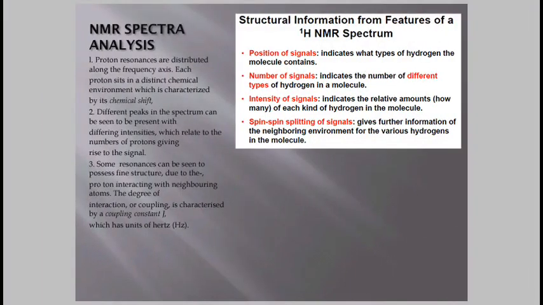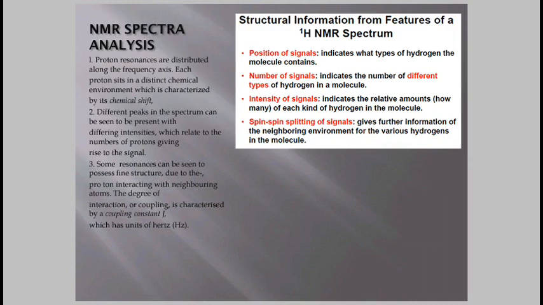From the absorption spectra of NMR, we receive digital data in which a frequency axis is presented horizontally. Proton resonances are distributed along the axis at various positions. The structural information we get from the spectroscopy is as follows. First, the position of the signal peak indicates the type of hydrogen, which is what chemical shift is about.